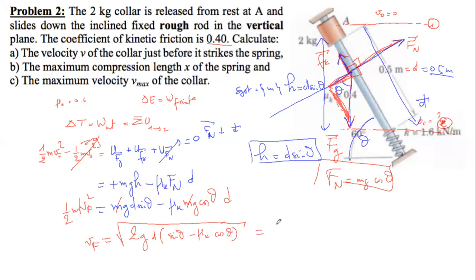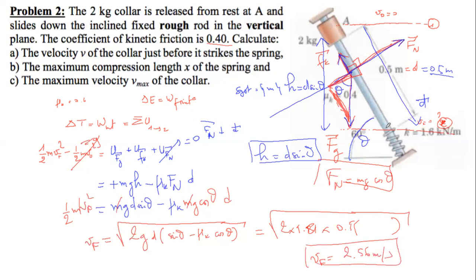We know everything. 9.81. D, we said it, 0.5. Sine theta is sine 60, minus mu k 0.4 cosine theta, which is cosine 60. And we find that V final just before it strikes the spring is 2.56 meters per second.